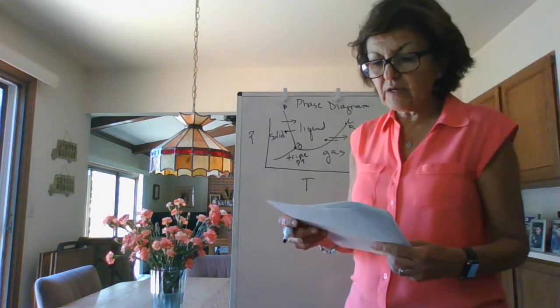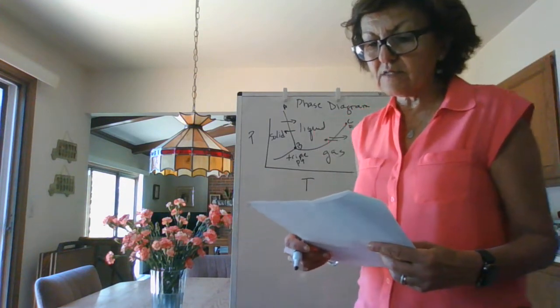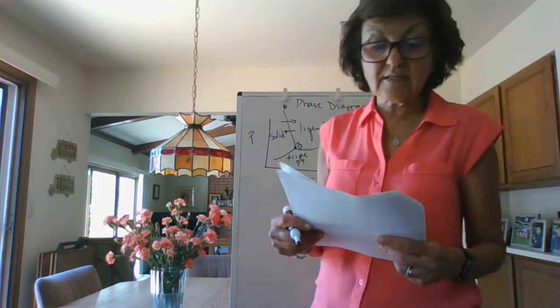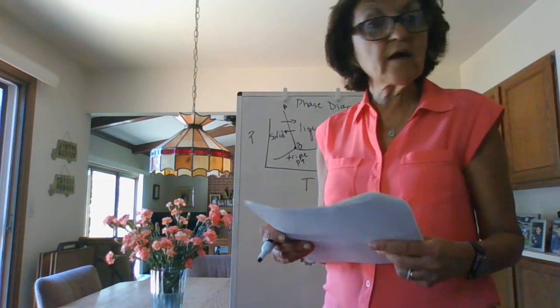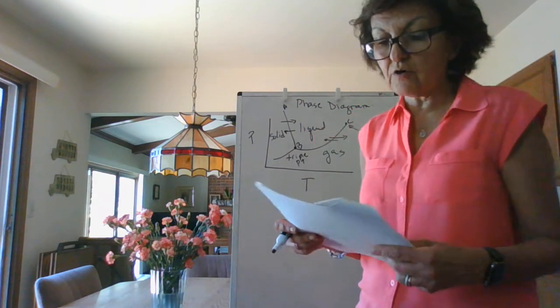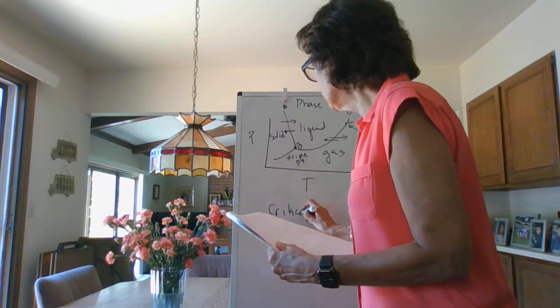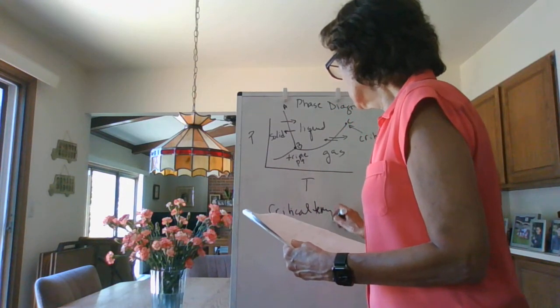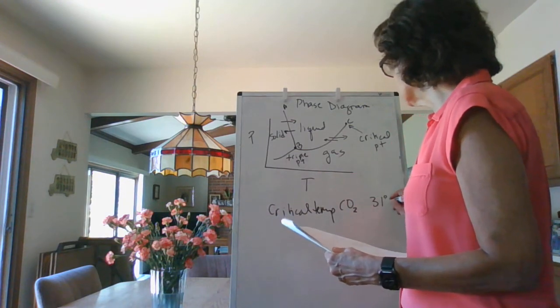Here's a real quick example. Carbon dioxide in steel cylinders is available as a liquid at room temperature, but oxygen is not available as a liquid. It's available as a gas at room temperature. Why is that the case? Well, the critical temperature of carbon dioxide is 31 degrees Celsius.